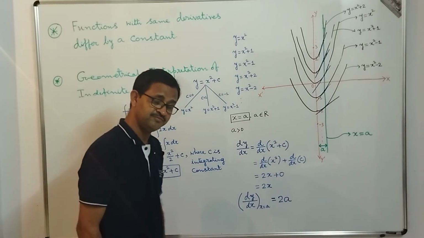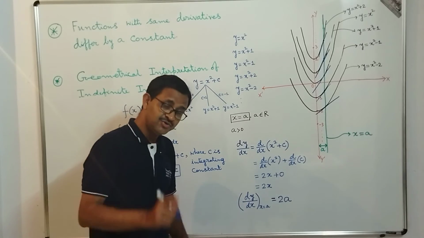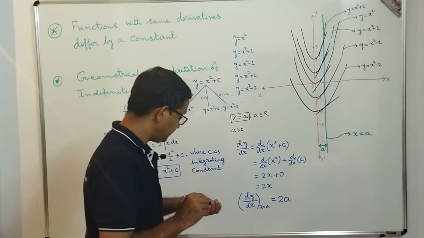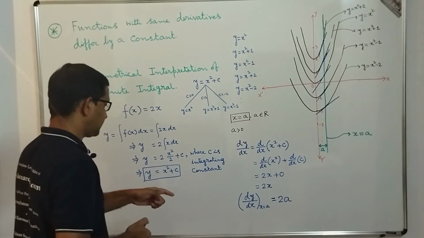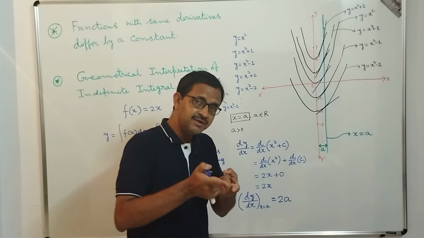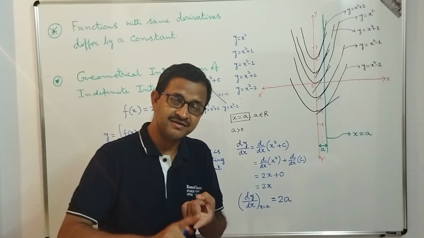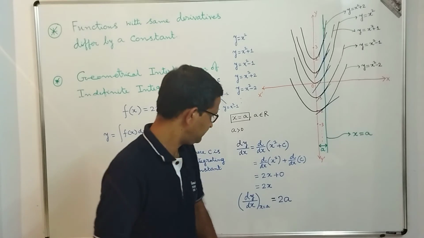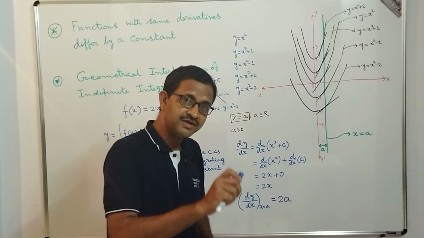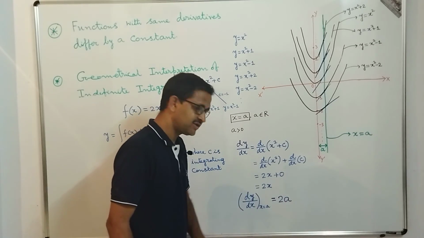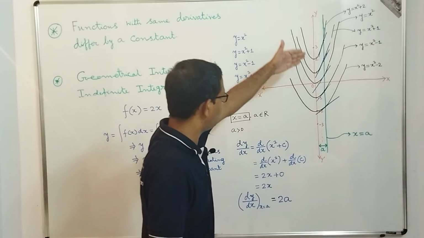What does it mean? As we discussed in the very first session, derivative means tangent and the slope. 2a is nothing but the slope. All these slopes are equal at the point x equal to a, and that is also one meaning.